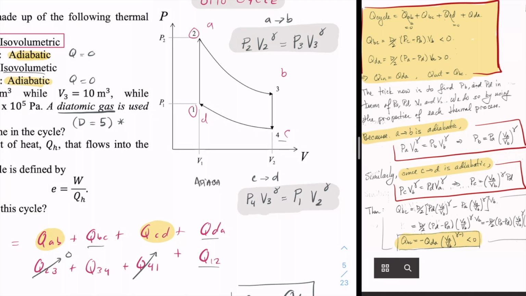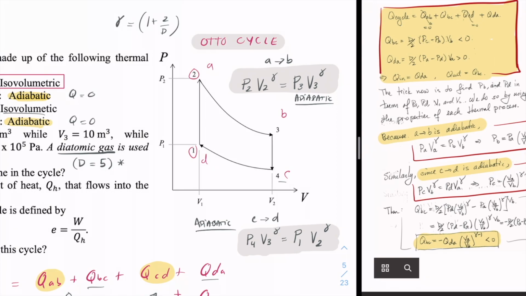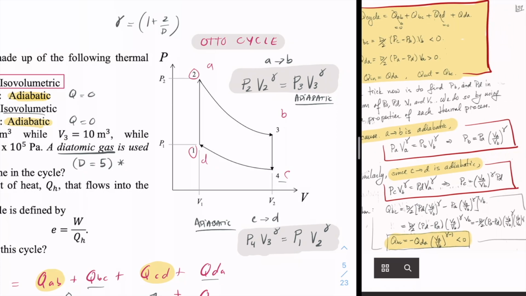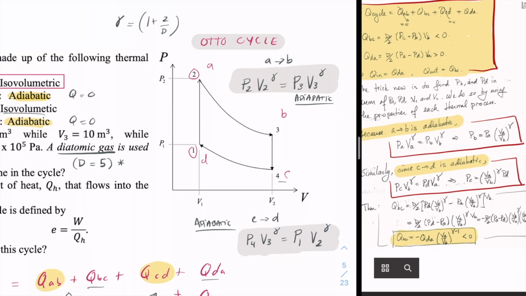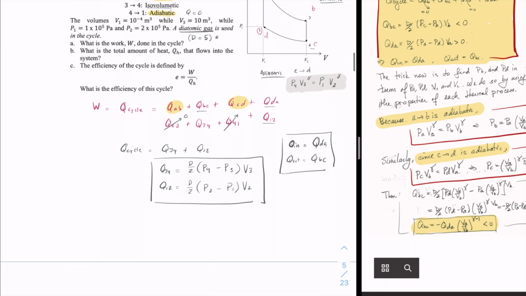Adiabatic. Okay. And in this Otto cycle here, I am relating these guys back and forth, right? Okay, so how can I use that to solve my problem here?